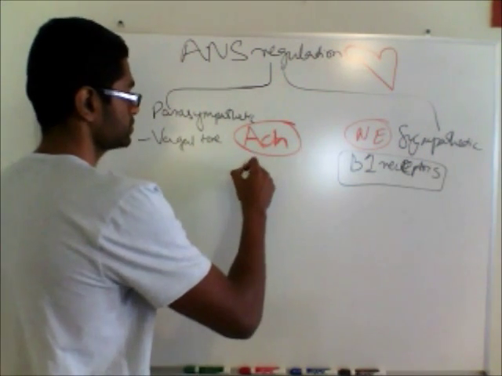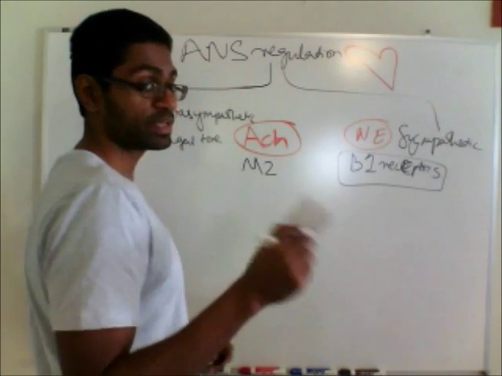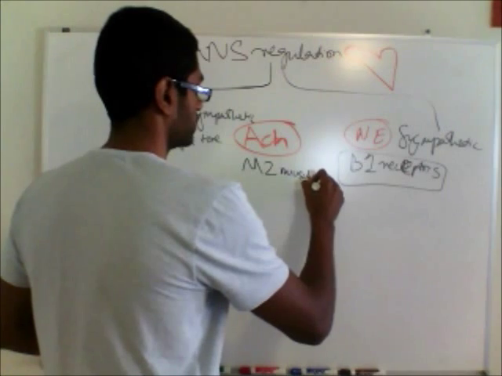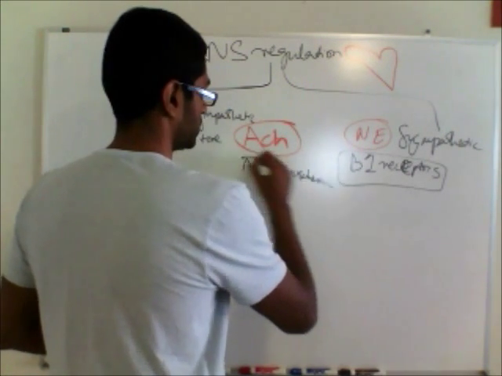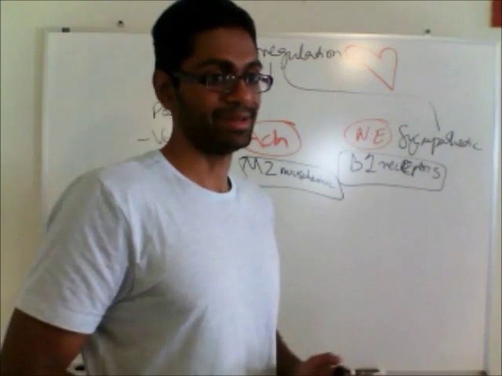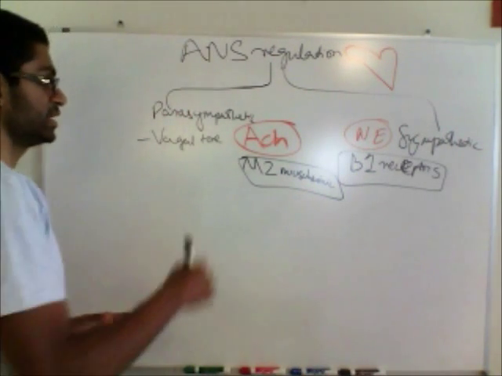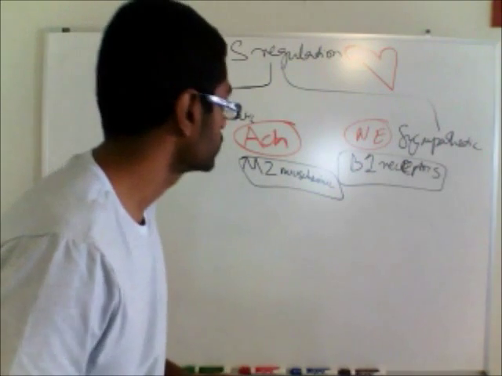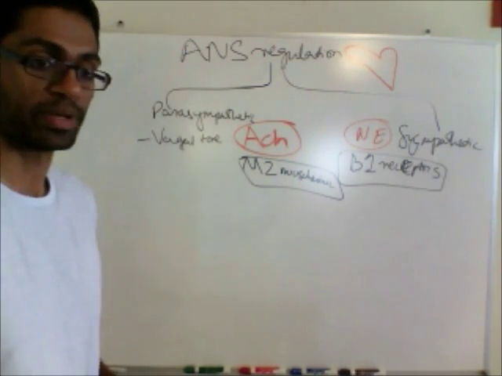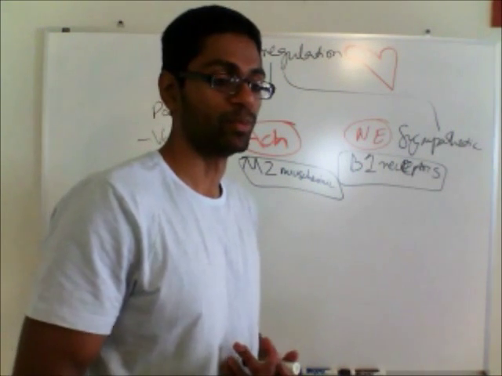Close. It's called the M2 muscarinic receptor. All right, and it's as simple as that. So the vagus comes in, innervates, and in order to reduce the heartbeat, acetylcholine. Sympathetic, it's norepinephrine, and it binds the beta-1 receptor.